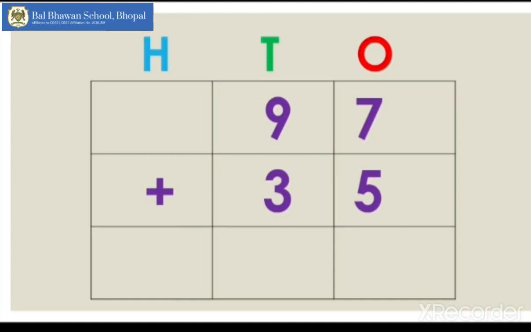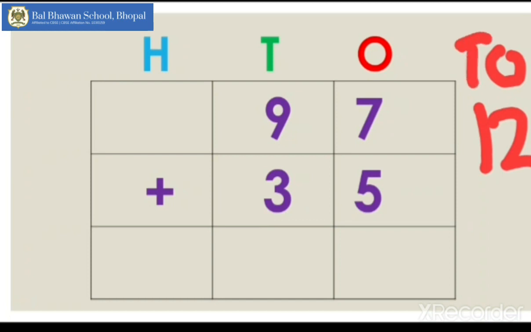So you are getting a 2-digit number. This 2 is at ones place and this 1 is at tens place. So this 2 will be written under ones place, and this 1 will be given as carryover at tens place. Now, next step, we will add the digits given at tens place, and the digits are 9 and 3.